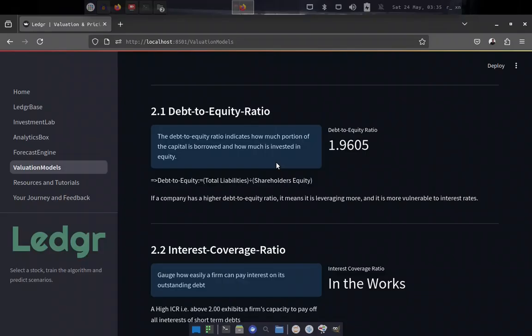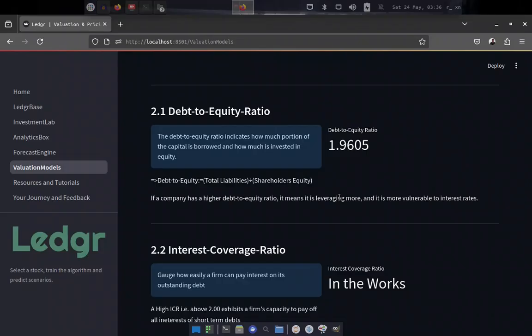Finally, it has a comment which says that if a company has a high debt to equity ratio, it means that it is leveraging more. That means it is taking up very high amounts of cash from banks, or raising money from loans or things like that.